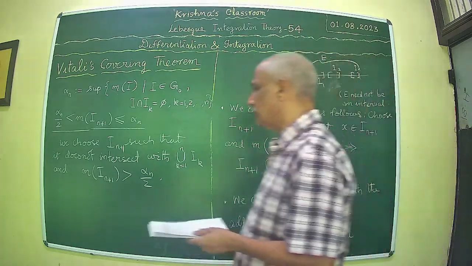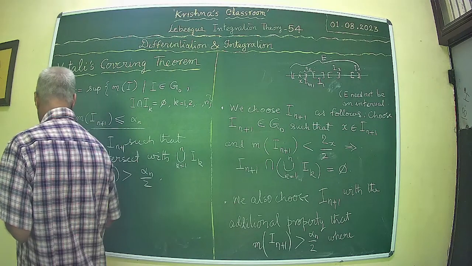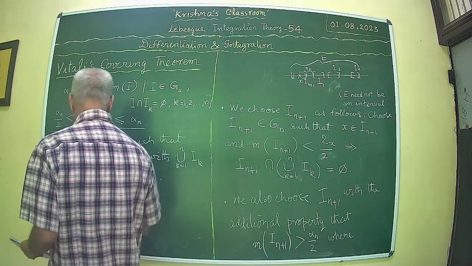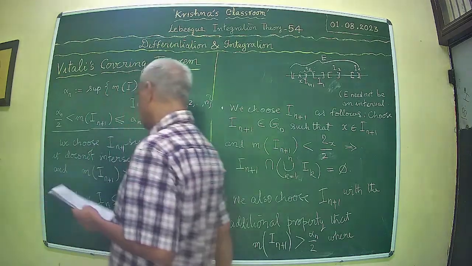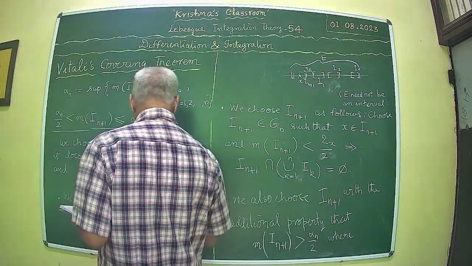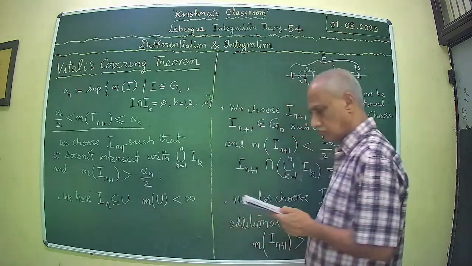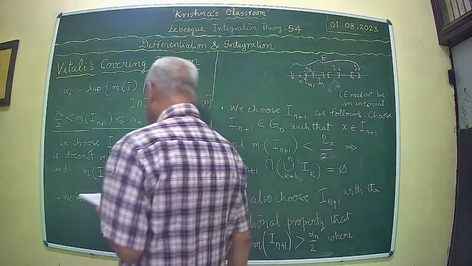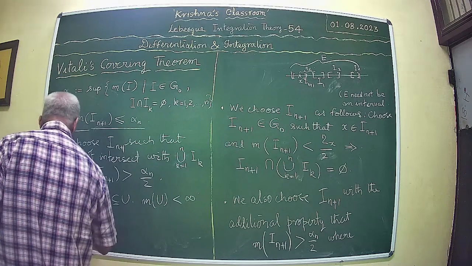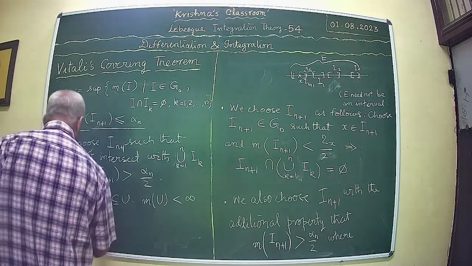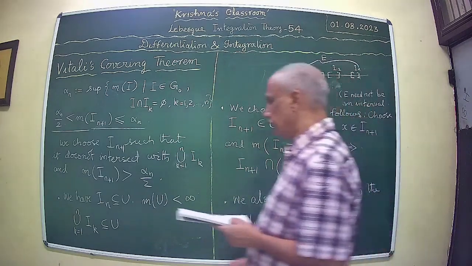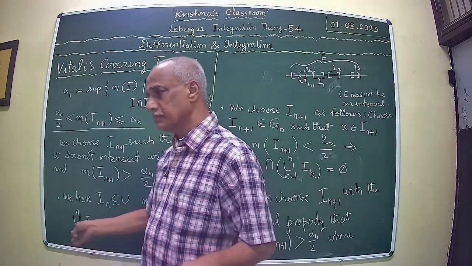Now we make some observations. We have this containing, and we have the measure of U is finite. You see that the union over k equal to 1 to n of I_k is contained in it. And you know that these I_k's are all disjoint sets.